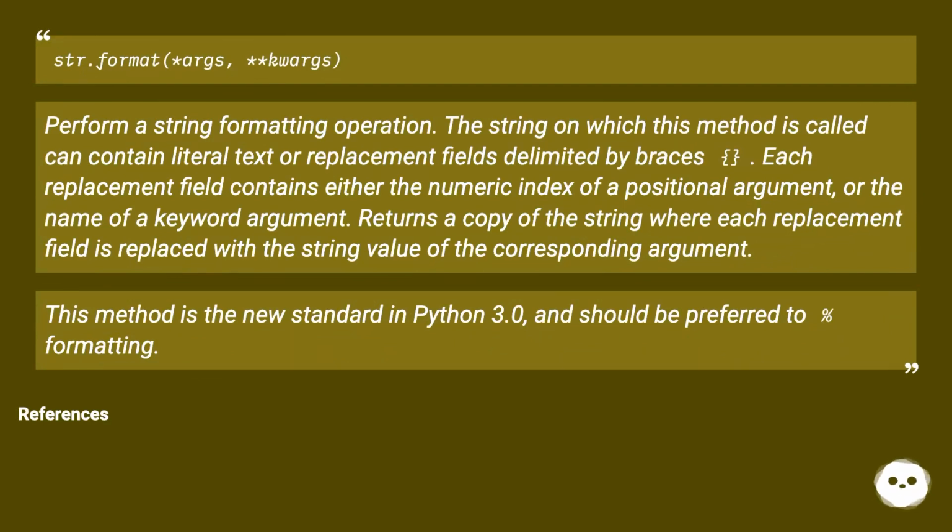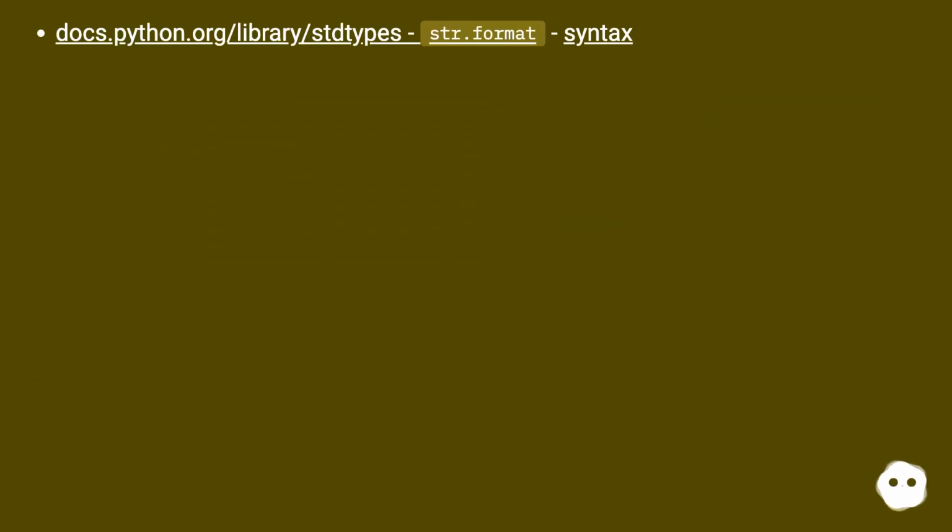Each replacement field contains either the numeric index of a positional argument, or the name of a keyword argument. Returns a copy of the string where each replacement field is replaced with the string value of the corresponding argument. This method is the new standard in Python 3.0, and should be preferred to % formatting. References: docs.python.org/library/stdtypes, str.format, syntax.